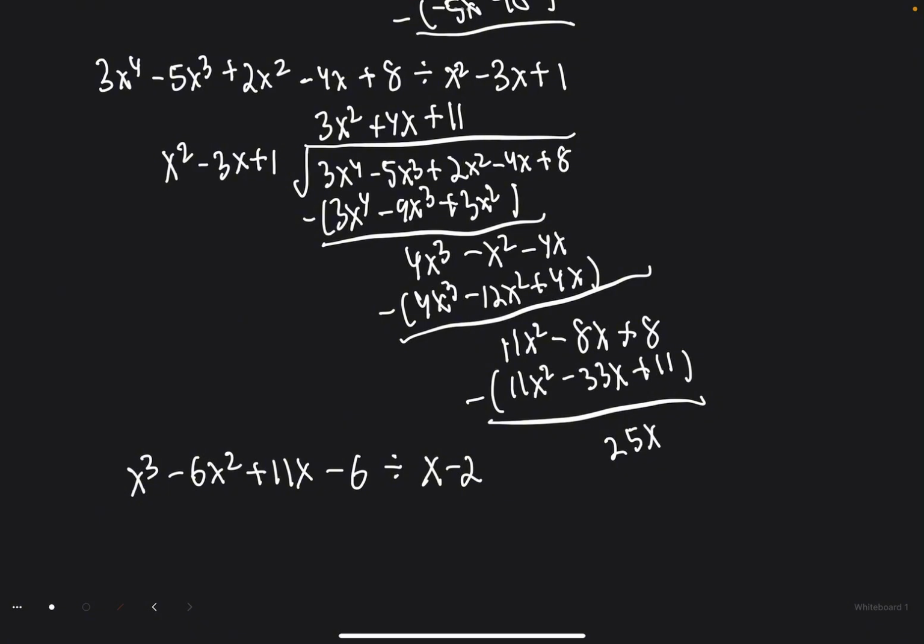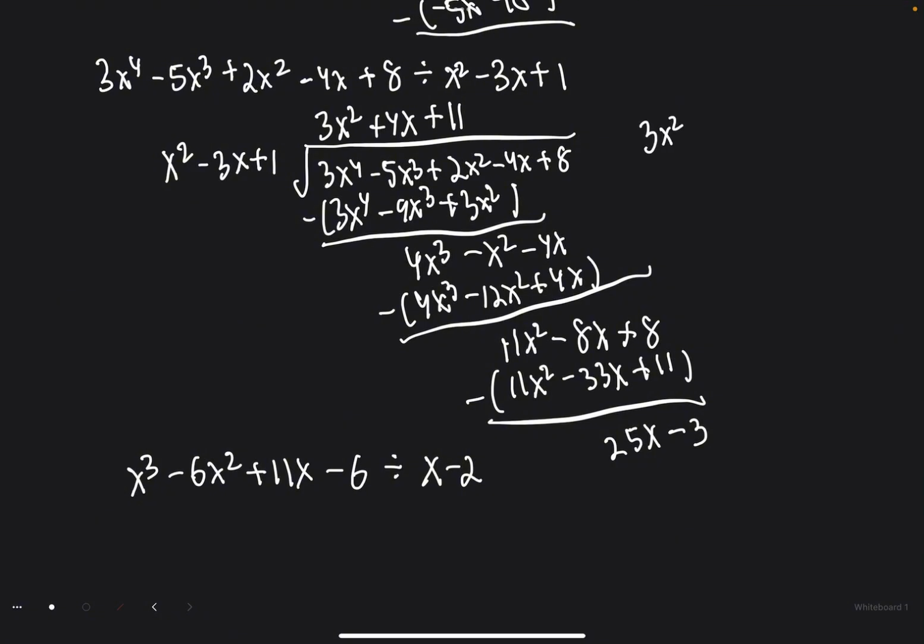25x and we would also get minus 3. So that would just be our dividend. Oh no, sorry, our remainder. So our remainder is 25x minus 3. And our quotient is 3x squared plus 4x plus 11.